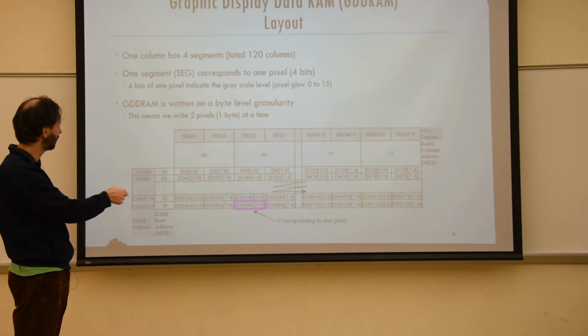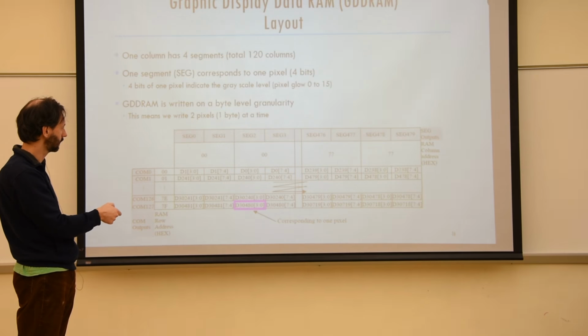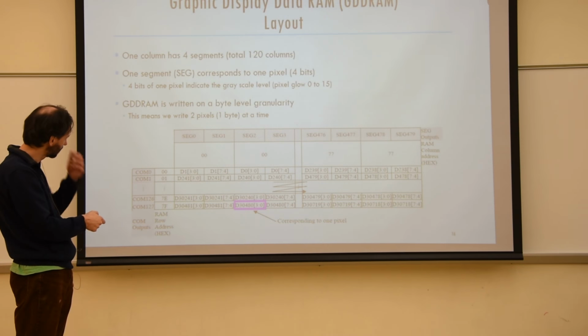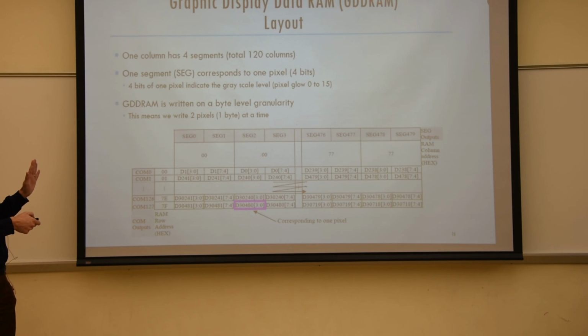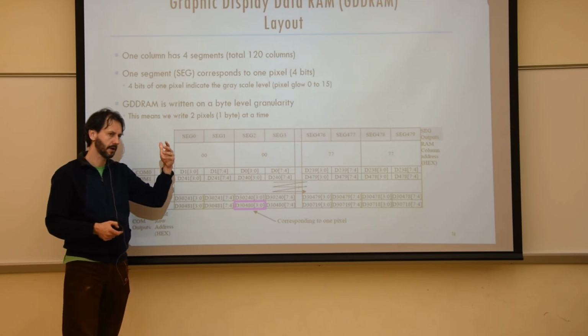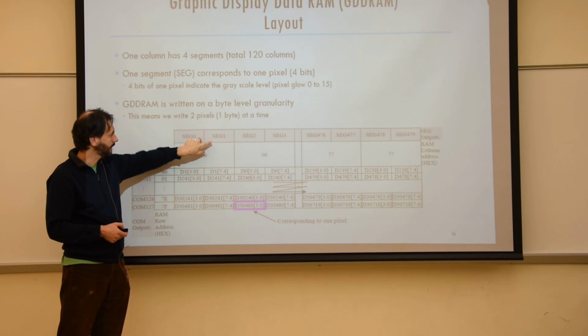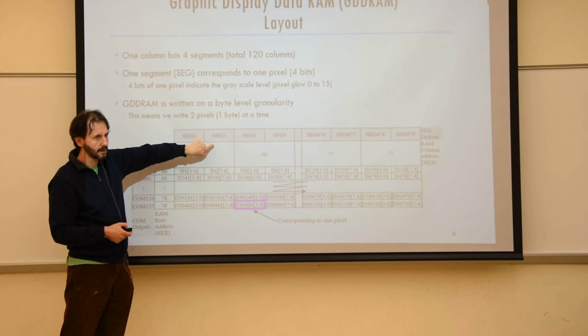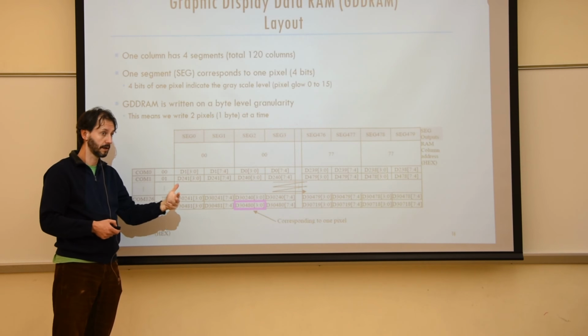That indicates the column. Wait, I have to think about it. No, because I was wrong. So we have 4 bits per pixel, and so 2 pixels are 8 bits. And we have 120 columns, so we have 4 pixels per column.